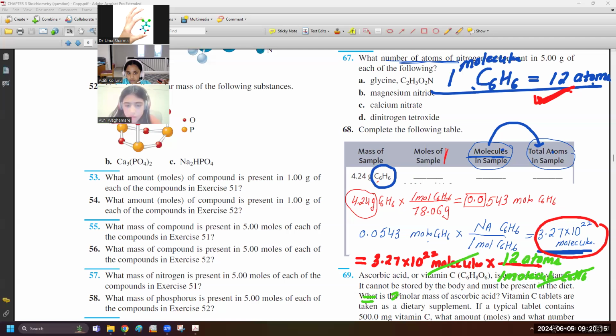And then the final answer will be 3.27 times 10 raised to power 22 times 12. Is there anything in the denominator? No. I got 3.92 times 10 raised to 24.